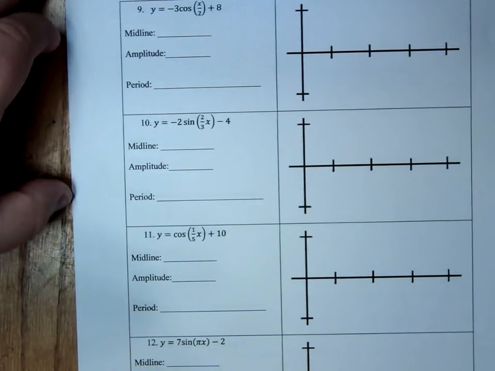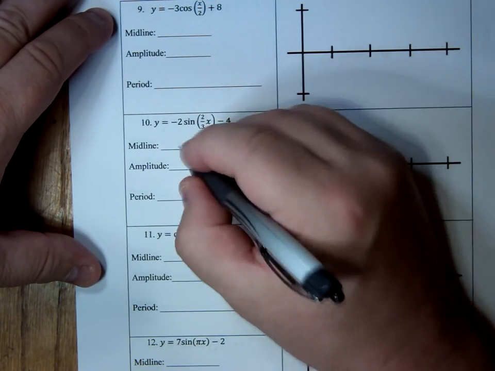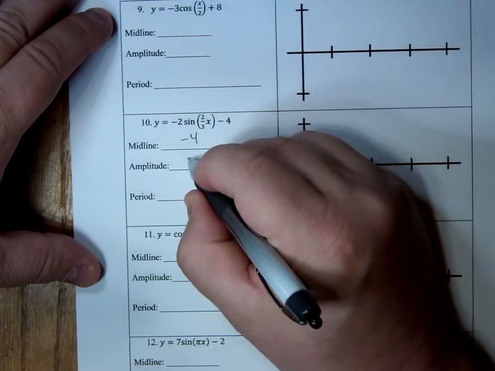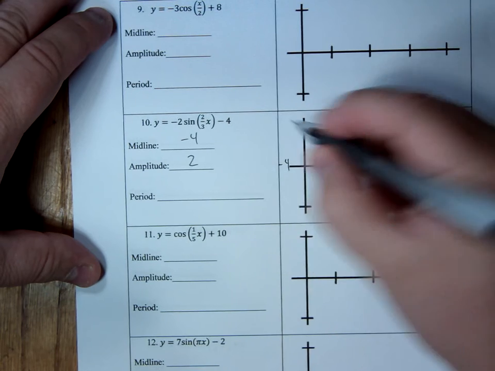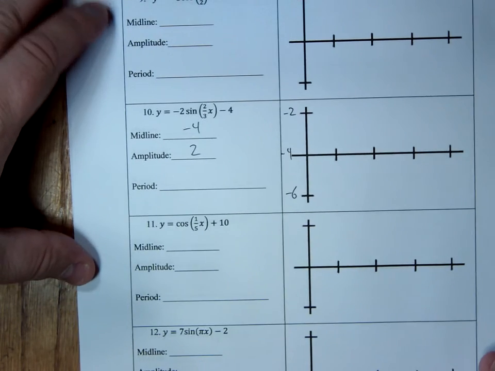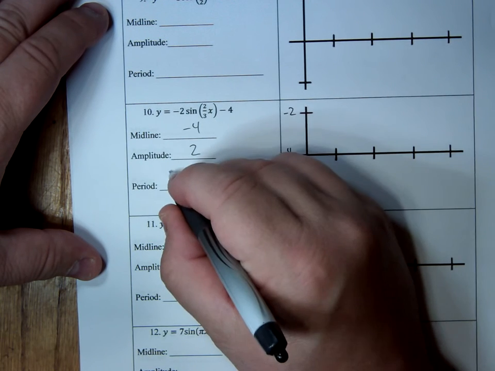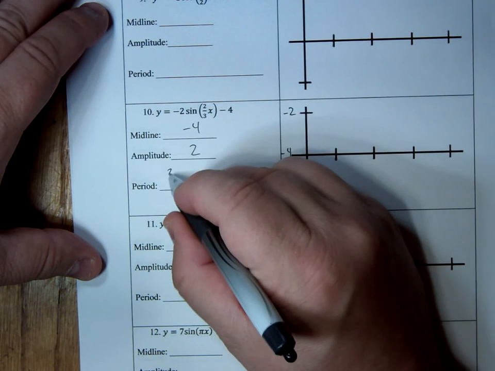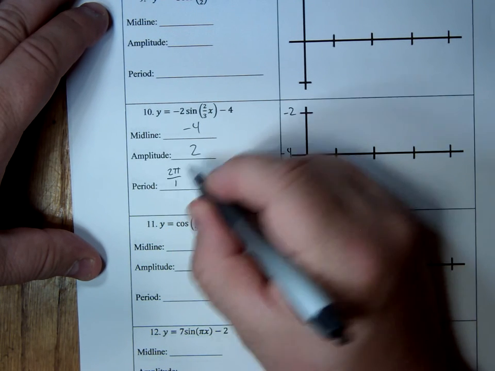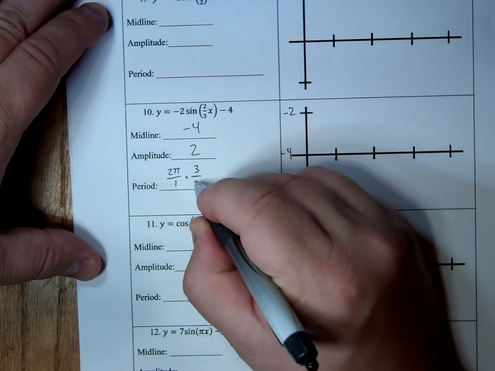Number 10. So of course your midline's at -4, amplitude is 2, so -4, up 2 would be -2, -6 for the minimum. But the period here, since you have 2/3, is going to be, since it's a fraction, 2 pi over 1 times the reciprocal, 3 over 2.